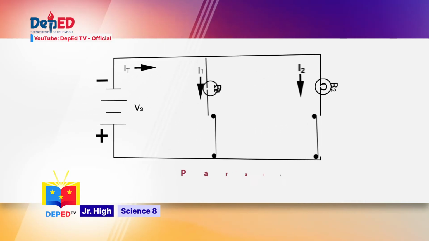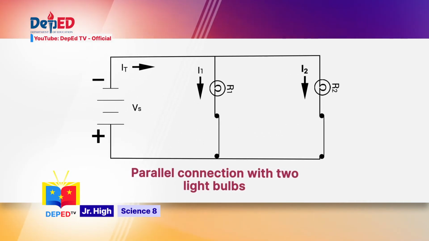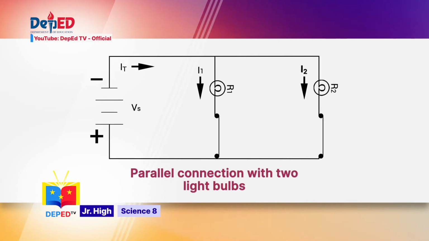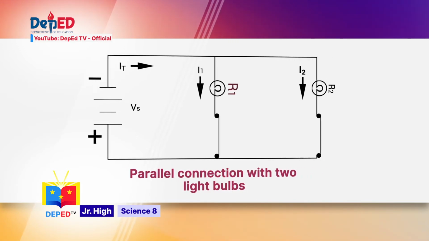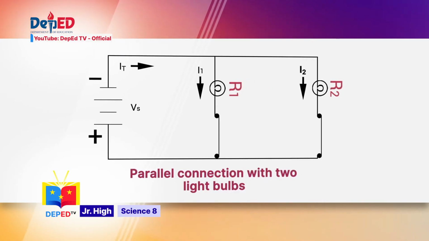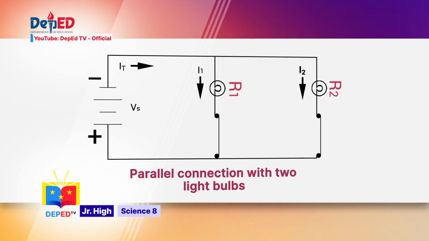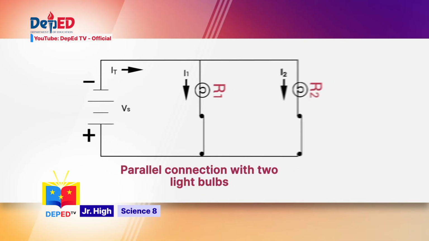Let us take this example, a parallel connection with 2 light bulbs. There are 2 loads in the circuit with corresponding resistances, R1 and R2 respectively. Using the properties of parallel connection, the total resistance is always less than the smallest resistance in the circuit.